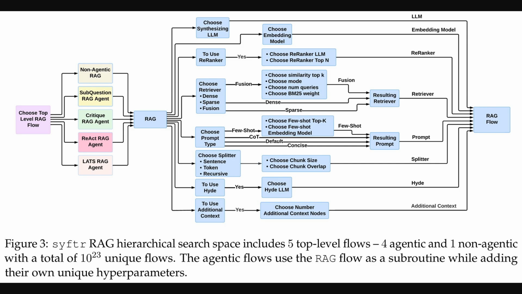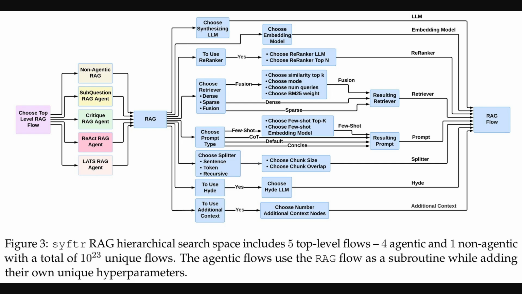These agentic flows then use the core retrieval augmented generation flow as a subroutine, which itself has many configurable parts, like the specific synthesizing LLM, re-ranker, retriever, or whether to use HYDE. HYDE, H-Y-D-E, stands for Hypothetical Document Embeddings, a method that generates a pseudo-document to aid retrieval.